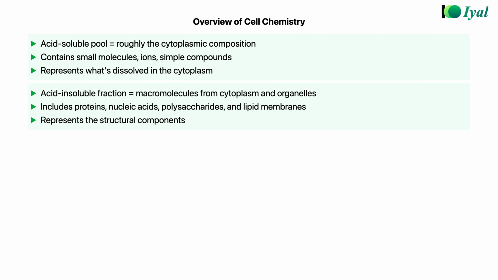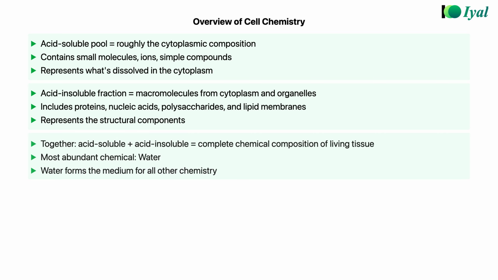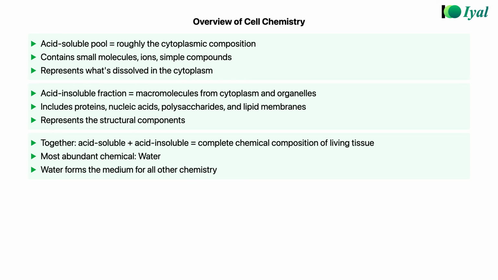The acid-insoluble fraction represents the macromolecules, the large molecules, from the cytoplasm and from the organelles. That's your proteins, your nucleic acids, your polysaccharides, and those lipid membranes. These are the structural components that give the cell its architecture. Together, the acid-soluble pool and the acid-insoluble fraction represent the complete chemical composition of any living tissue.